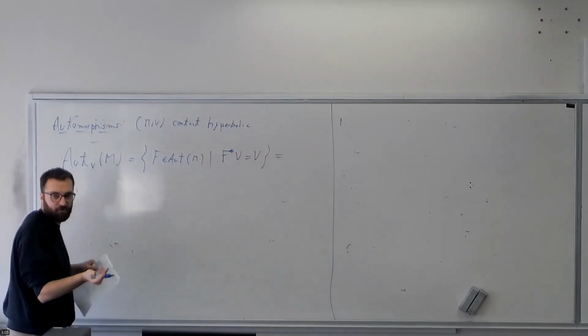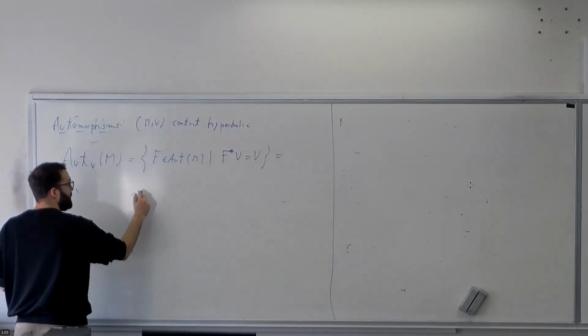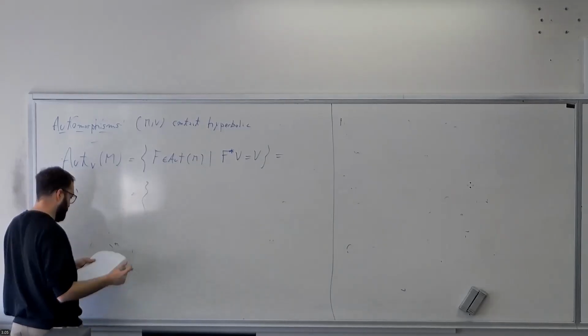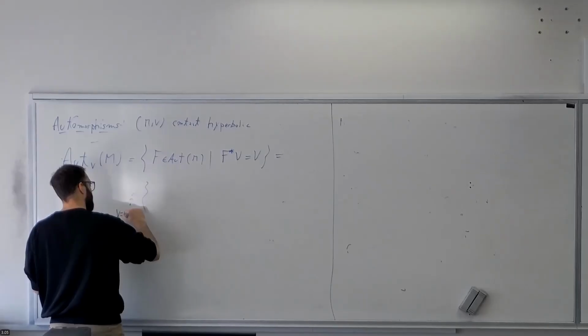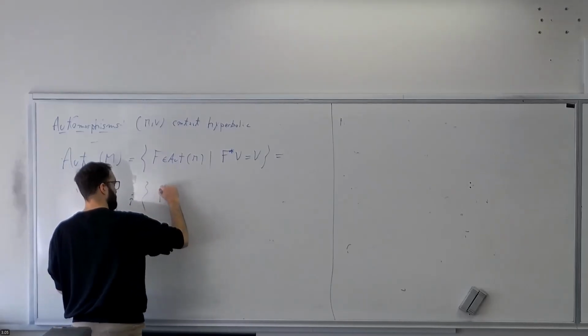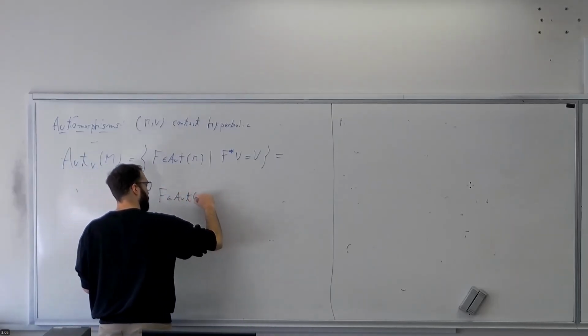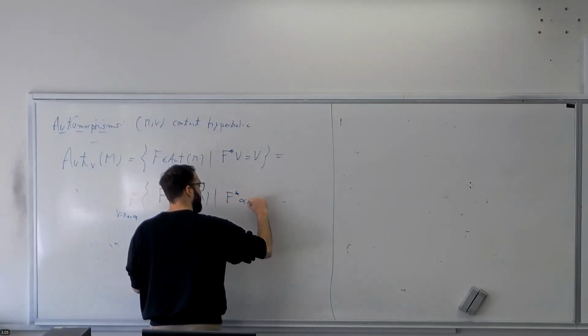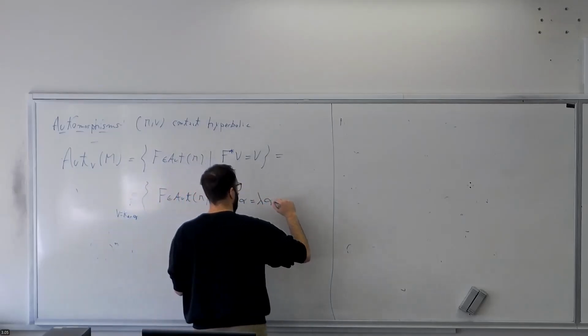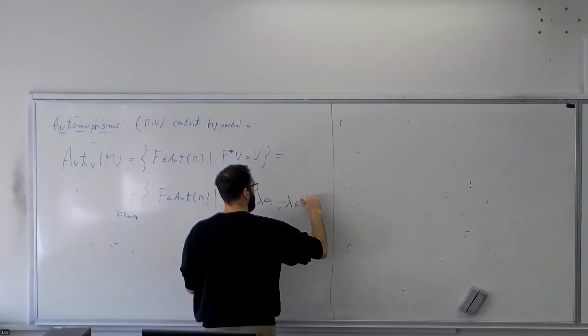So you preserve the distribution. If you want to see it in local coordinates, which is very helpful, if V is the kernel of alpha, this is the set of automorphisms that don't really need to preserve alpha. They only need to preserve it up to a non-zero holomorphic function.